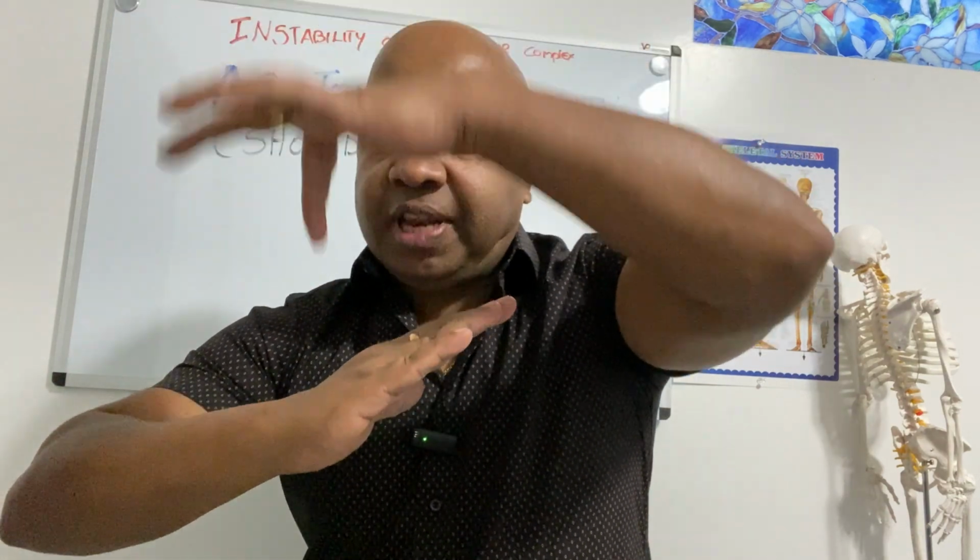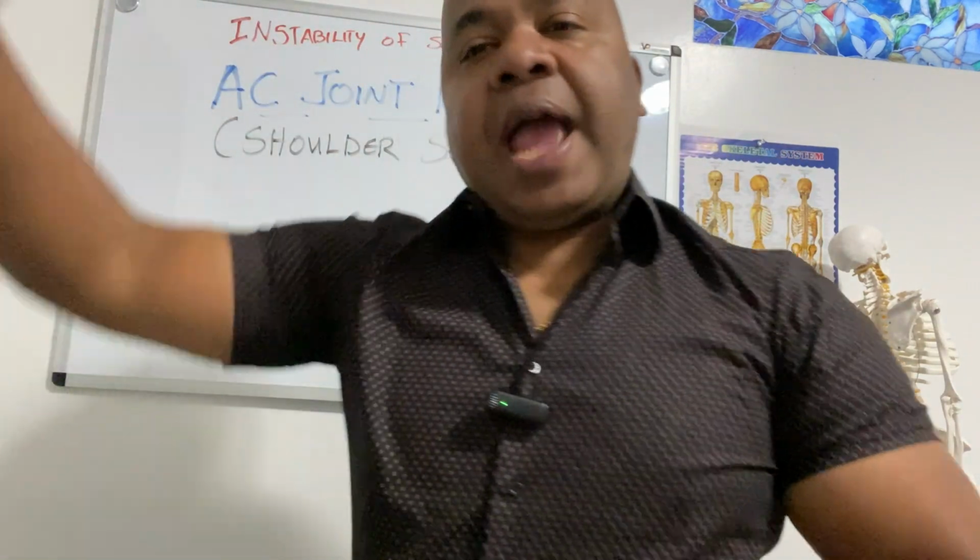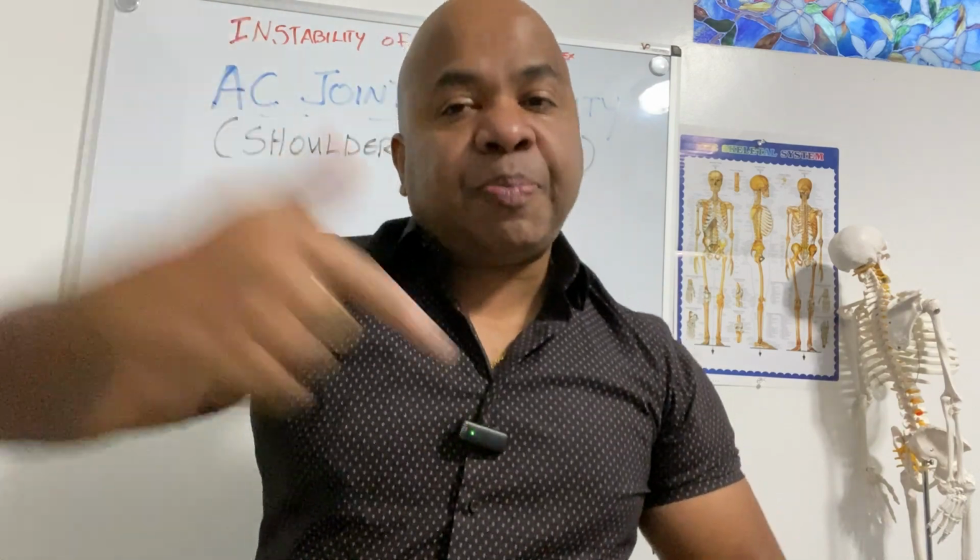In the glenohumeral joint, the plane is the frontal or coronal plane. Compared to that, the scapular plane will be tilted like this, and the axis is an inclined anterior posterior axis which passes through the acromioclavicular joint.